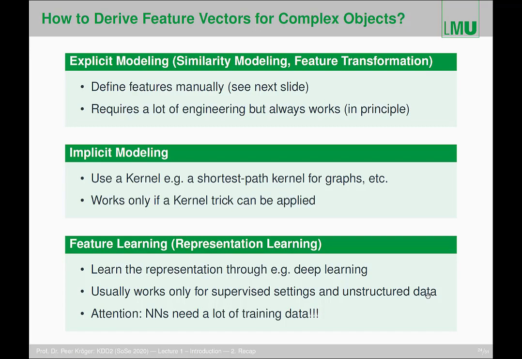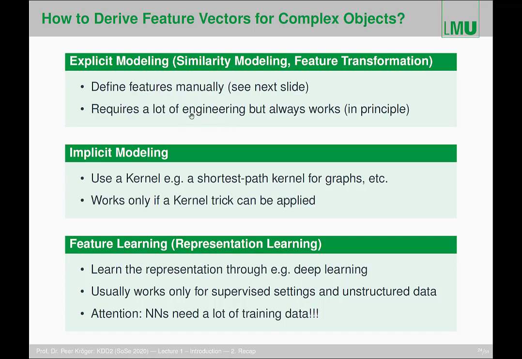In general, yes, but it requires a lot of effort. Especially in the first, I would say, 50, 60, 70 years, and even nowadays, what you do is explicitly model the features, defining manually the features which are important for your application. We will have an example on the next slide. The problem is that it requires a lot of engineering.